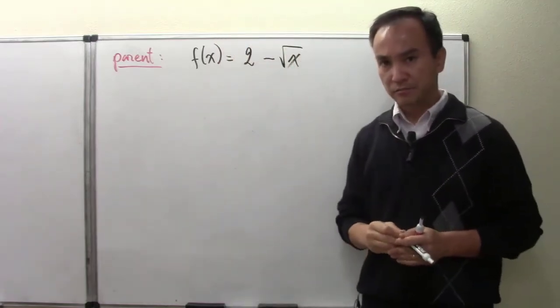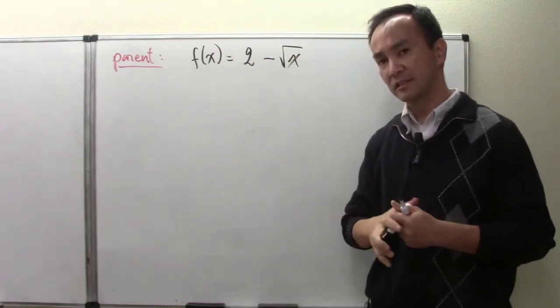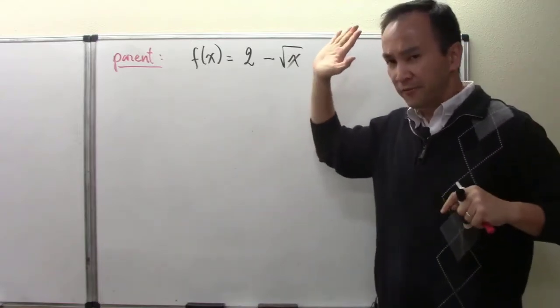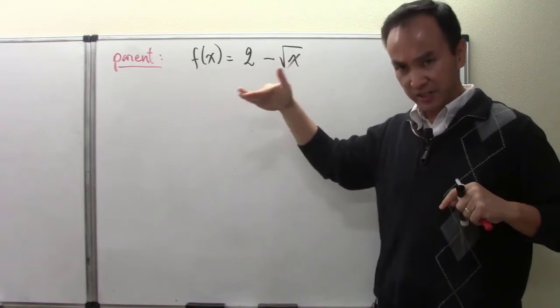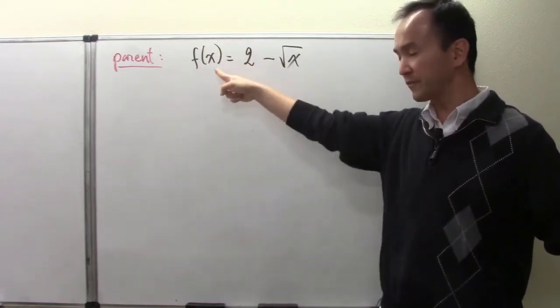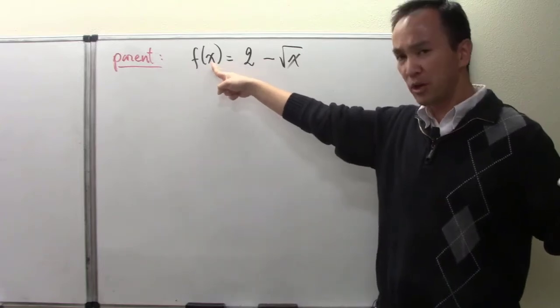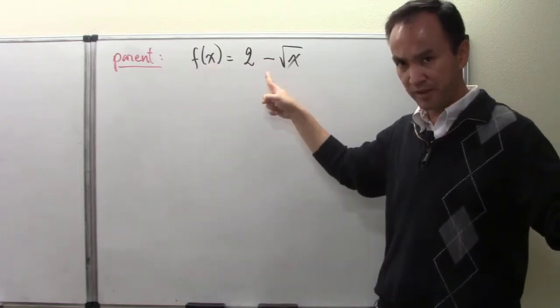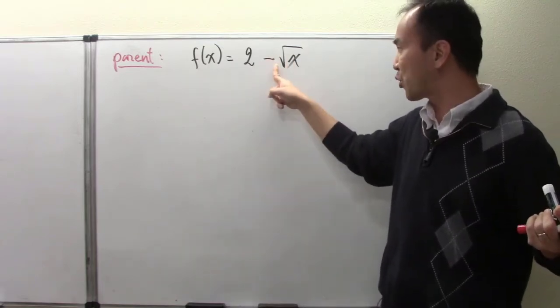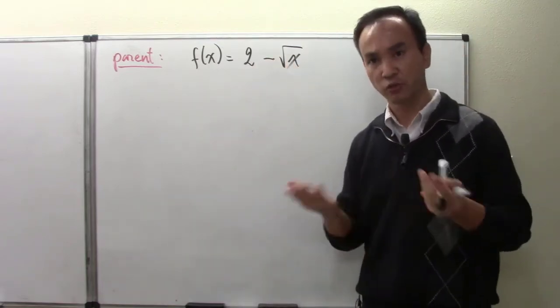So at this instant, just simply see this function as a rule. The rule of this function says for whatever inputs indicated by the x variable, we take the square root of the input and then subtract that from 2. That's the rule of this function.